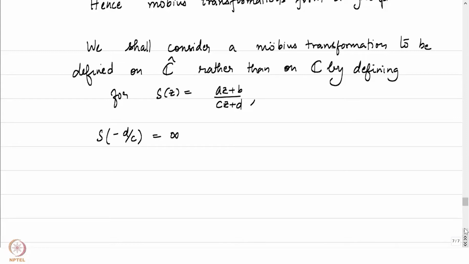So notice that this symbol infinity is being used because in some sense it coincides with our notion of infinity, which we have developed in a real analysis course. So here minus D by C is now going to be sent to the point at infinity, and where will the point at infinity be sent to? It should be sent to the point where we will have a singularity for S inverse.